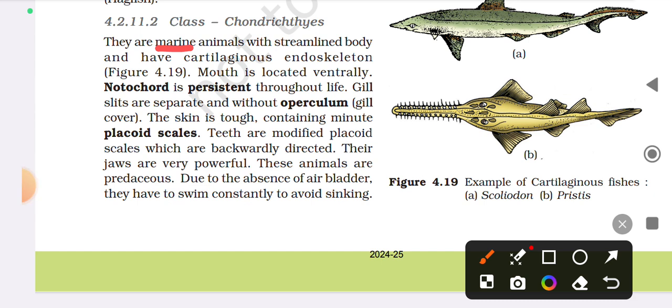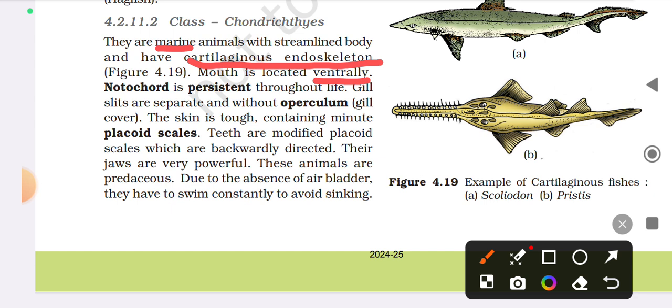You know that fishes have a streamlined body and have a cartilaginous endoskeleton. Important one. Why are they Chondrichthyes? They are Chondrichthyes because they have a cartilaginous endoskeleton. They are not bony structures. The next point is the mouth is located ventrally.